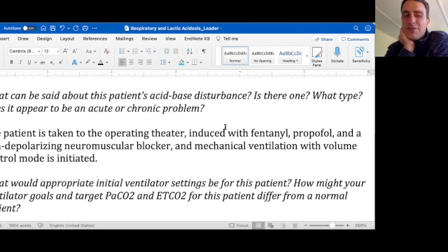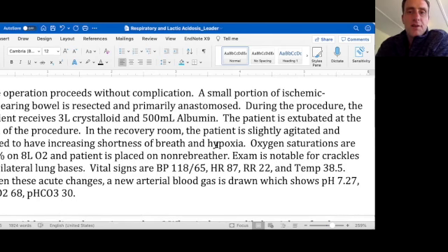For a patient with severe COPD, it may be difficult to hyperventilate anyways. So it's okay in this patient to allow them to have a slightly elevated PCO2 or a decreased minute ventilation because that's what their body is used to. We'll go on to the next part of the scenario.